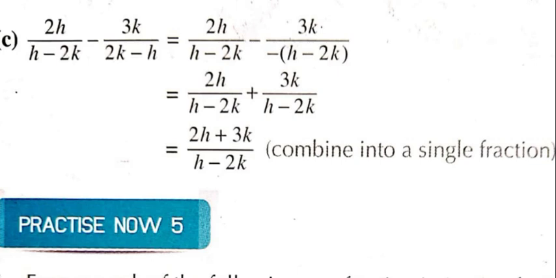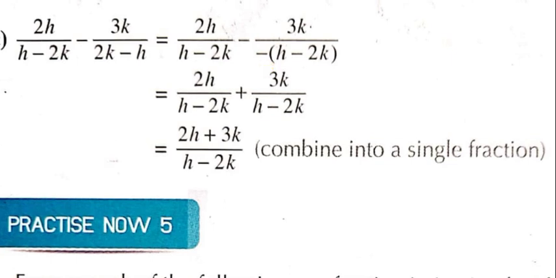Now, this minus here and this minus here, negative negative becomes positive, right? And after that, you can just combine. So 2h plus 3k over h times 2k, done. Even though it doesn't look very simple, at least you have already combined it into a single fraction.